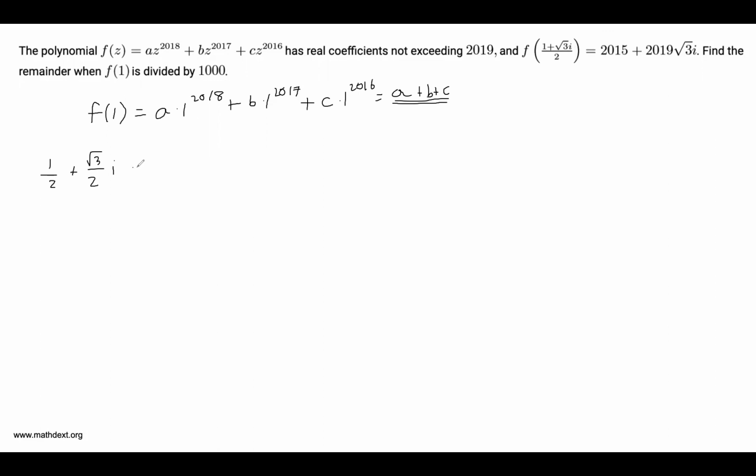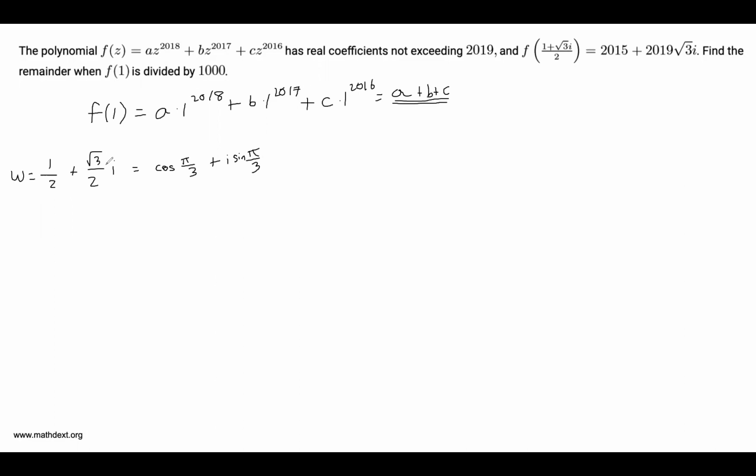We can realize that this is equal to cosine of pi over 3 plus i times the sine of pi over 3. So if we call this value omega, we have omega is cosine of pi over 3 plus i sine of pi over 3.